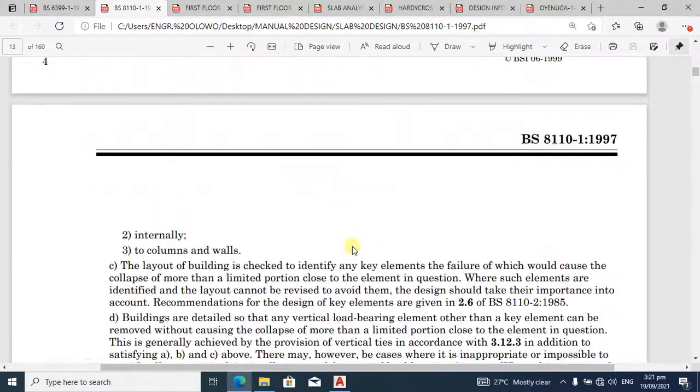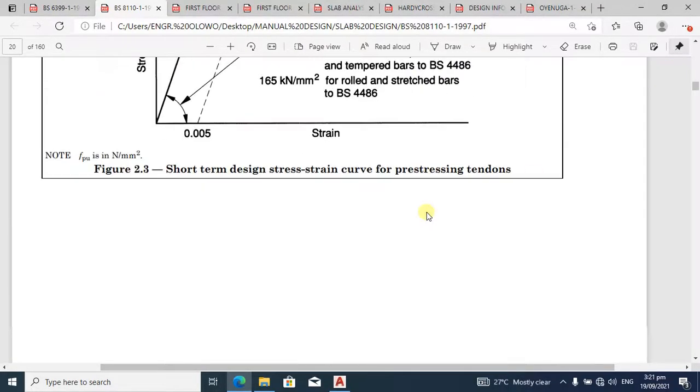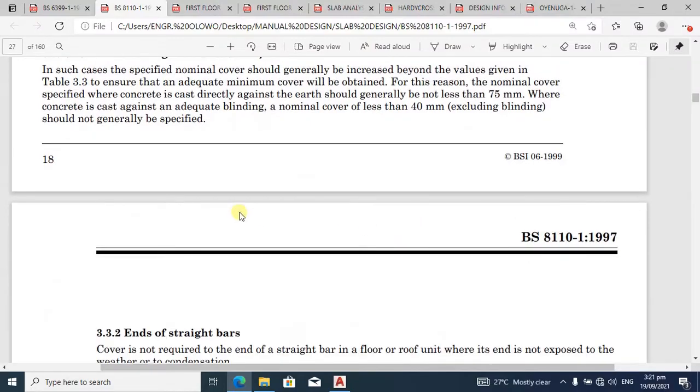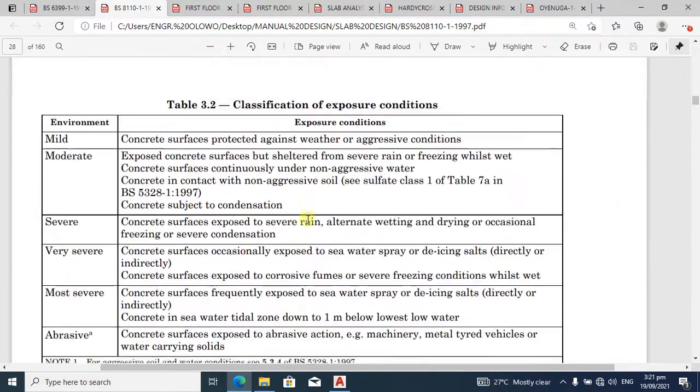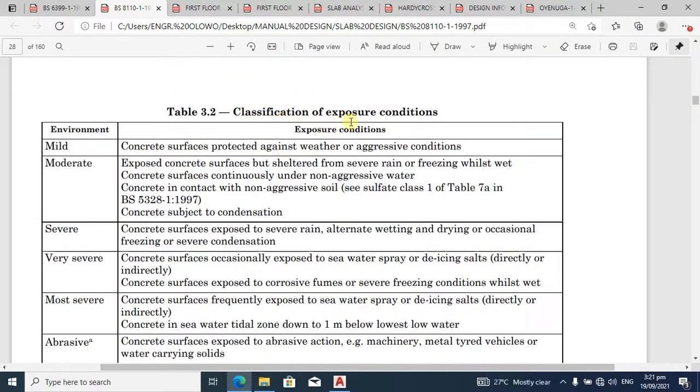We want to get the cover for the reinforcement. Okay, look at this Table 3.2. We have classification of exposure conditions. So we are going to assume that the exposure condition for our slab is mild. That means the concrete surfaces are protected against weather or aggressive conditions.